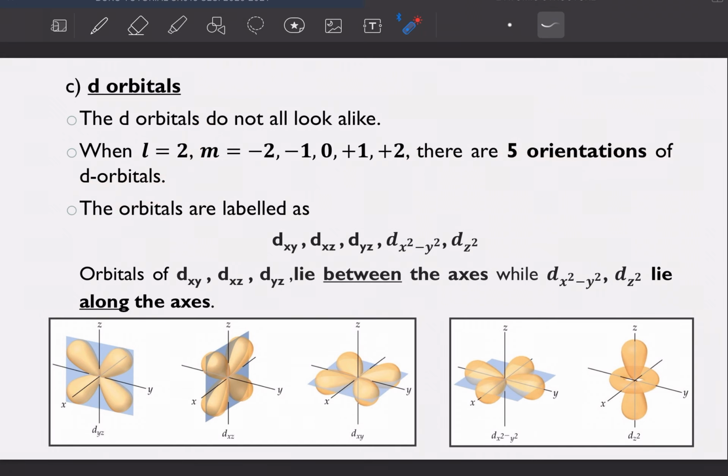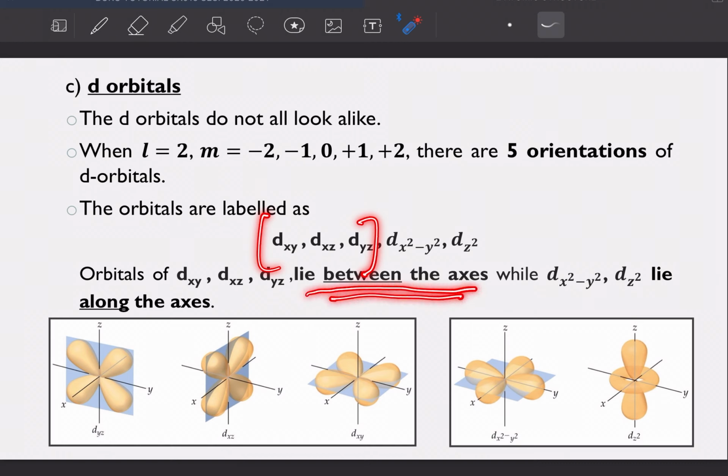Okay, these orbitals' names will be dxy, dyz, dxz, dx square minus y square, and dz square. So these three, they are orbitals that lie between the axis.